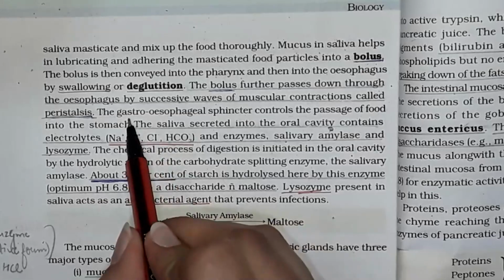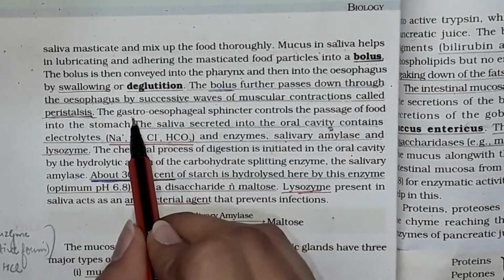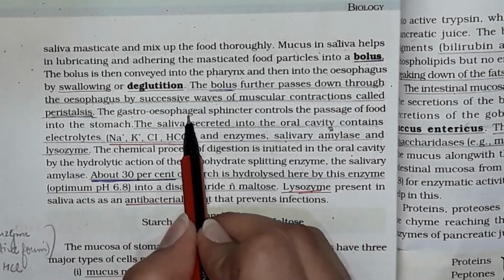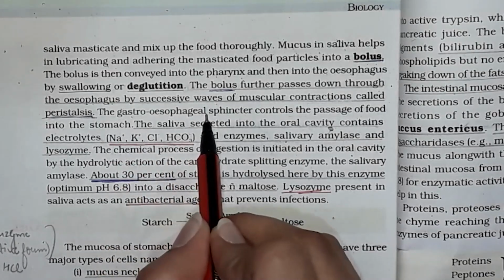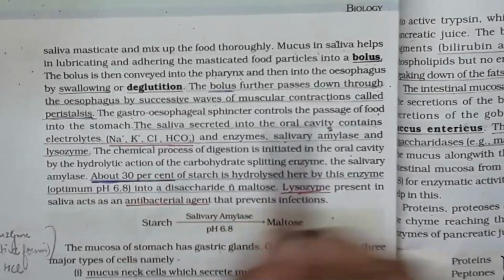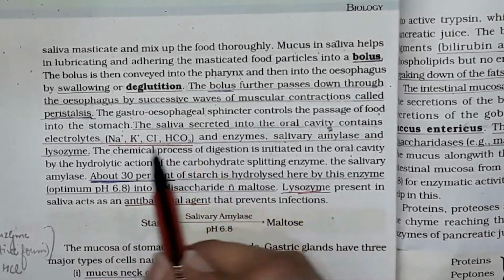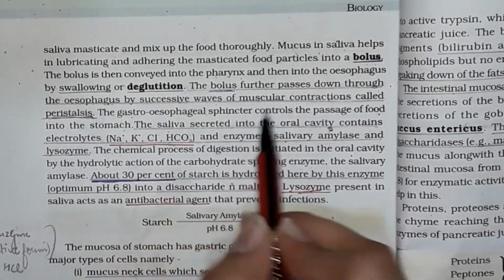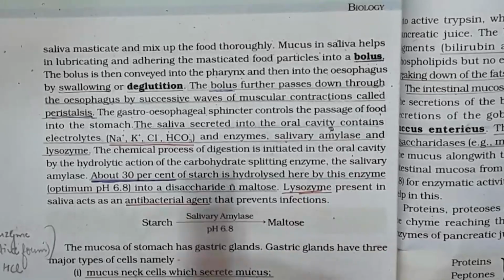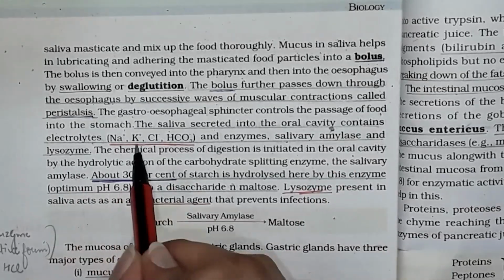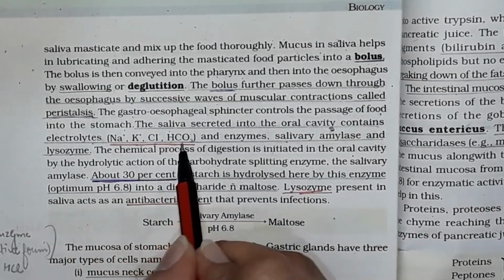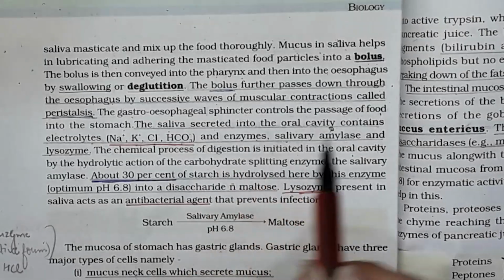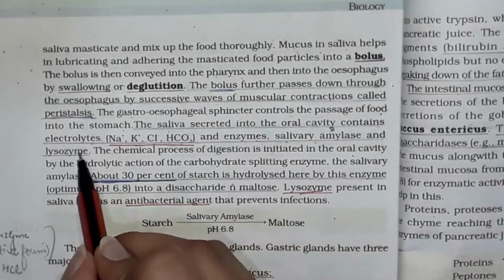Earlier I told you that there is a gastroesophageal sphincter between the stomach and the esophagus. This sphincter controls the passage of food into the stomach. The saliva that is secreted in the oral cavity contains electrolytes, that is sodium, potassium, chlorine and bicarbonate ions, and the enzymes salivary amylase and lysozyme.